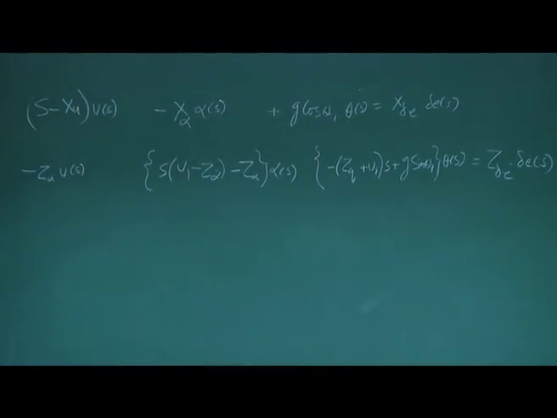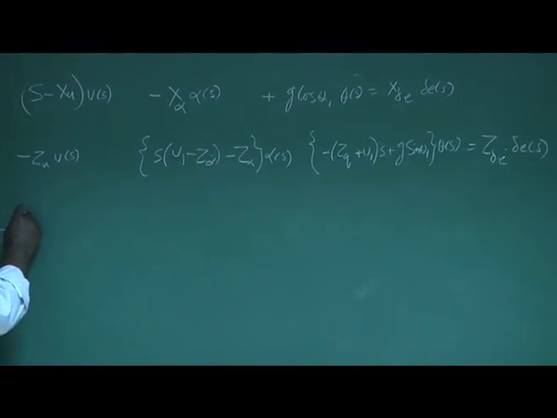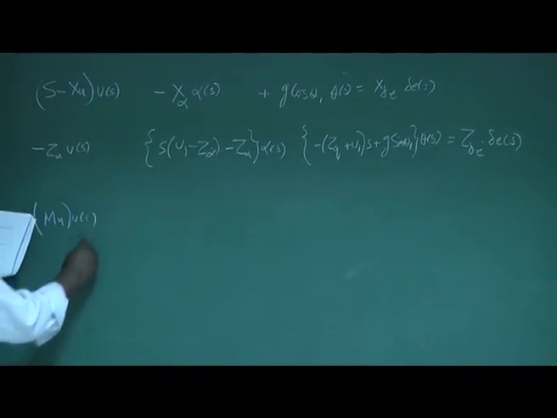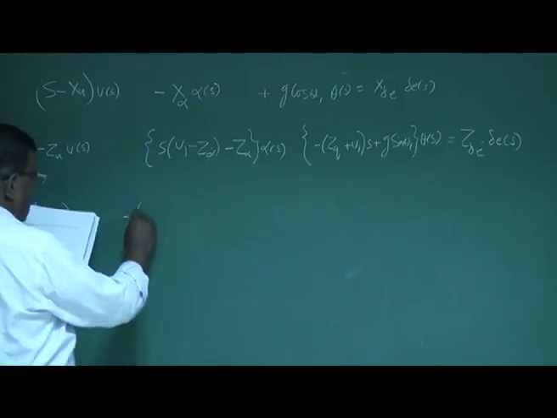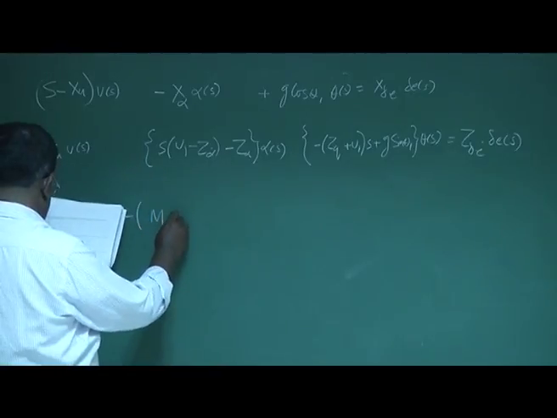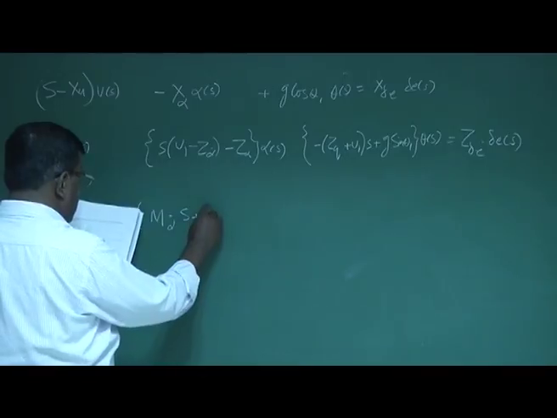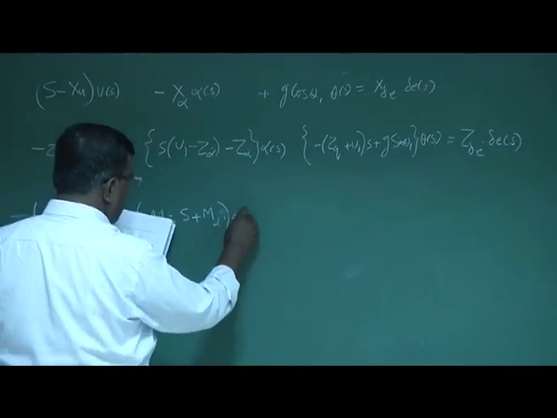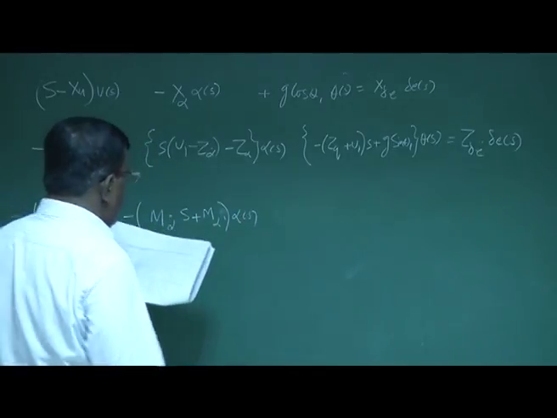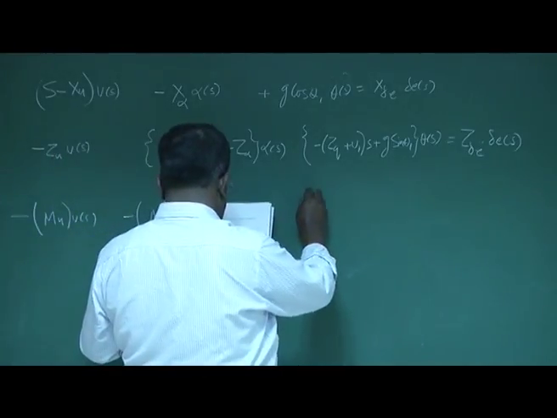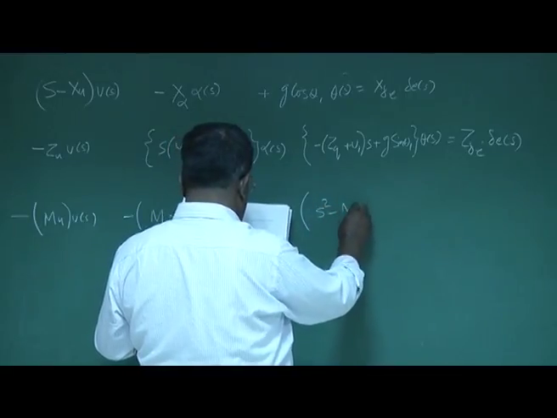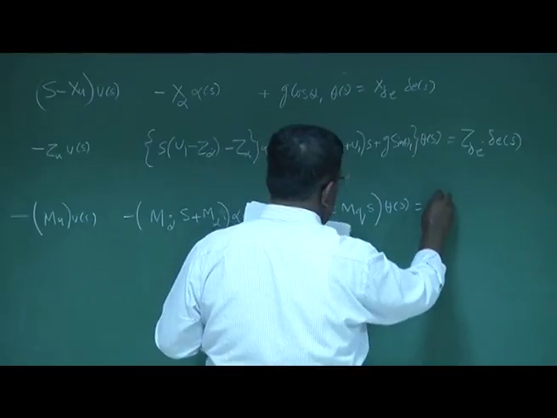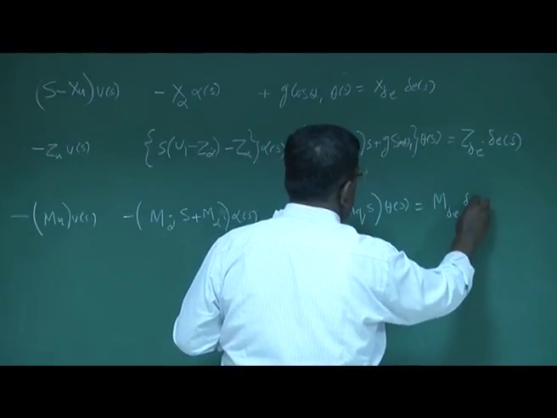And the third equation will become minus m u into u of s minus m alpha dot s plus m alpha into alpha of s, then s squared minus mq s into theta of s equal to m delta e into delta e of s.